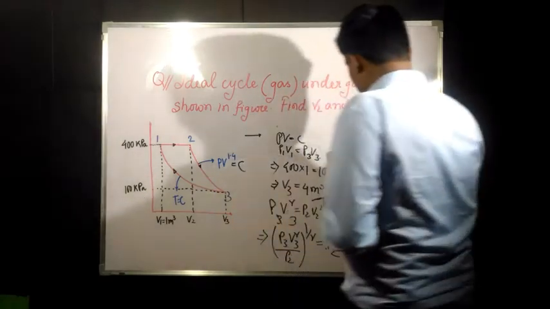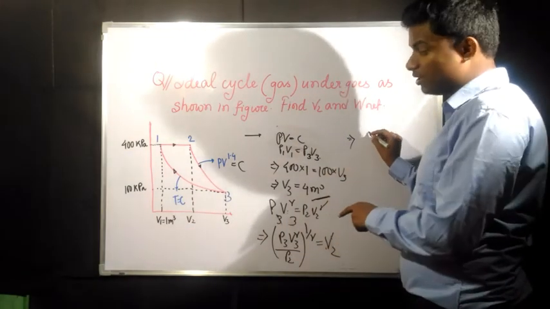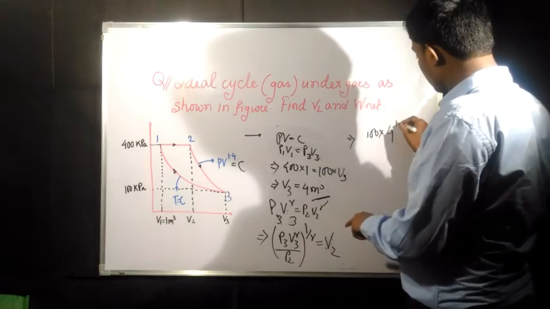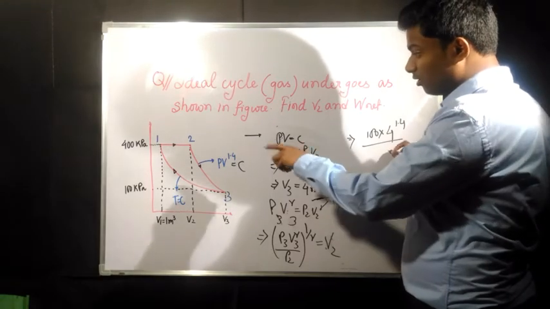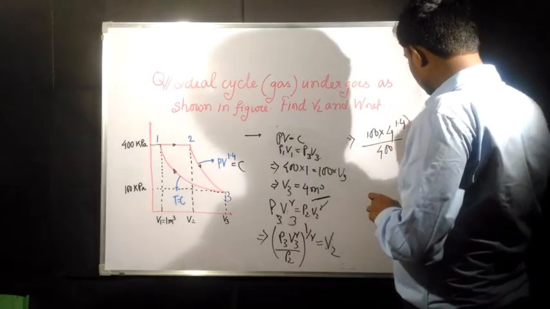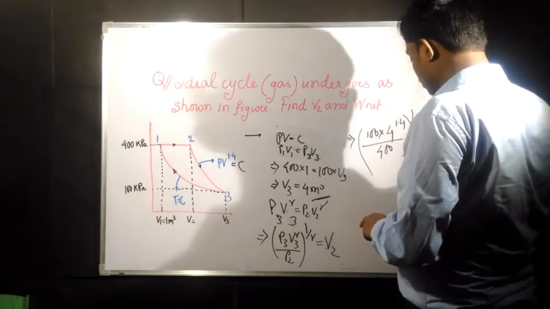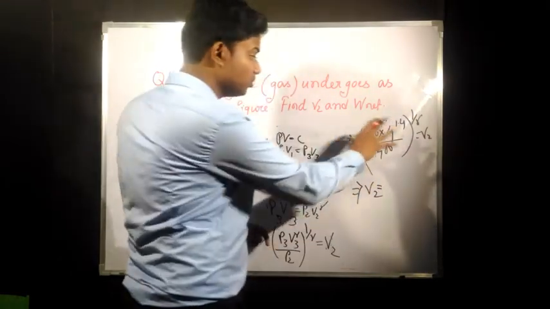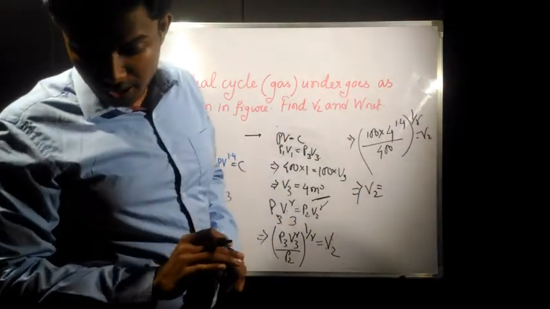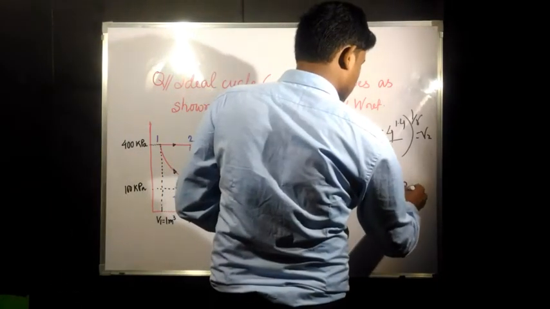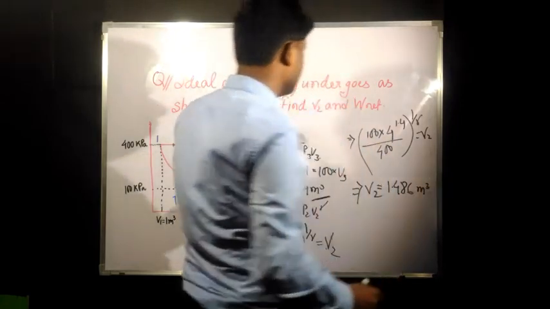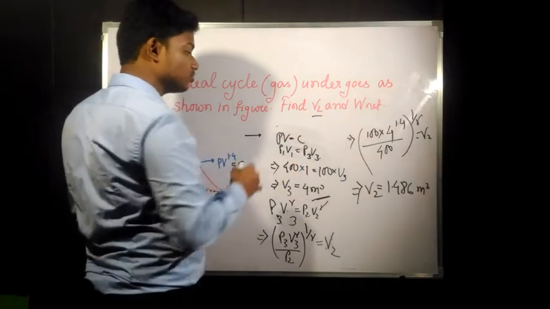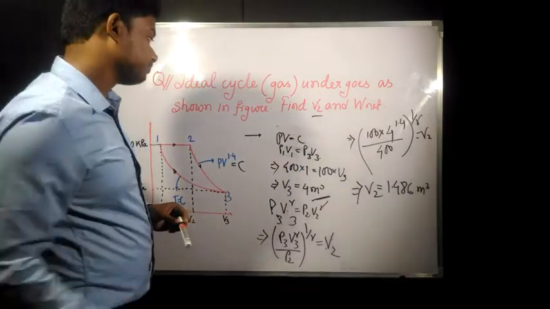If you put this directly into the calculator, that is 100 times 4 to the power 1.4 divided by 400, whole to the power 1 by gamma, it gives V2. If you put this in the calculator, you will get V2 as 1.486 meter cube. So we have already found the first thing which was asked in the question. V2 we have found out.